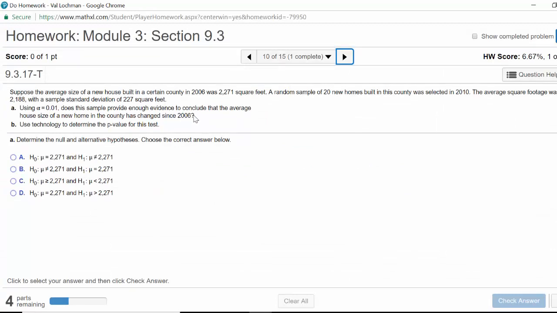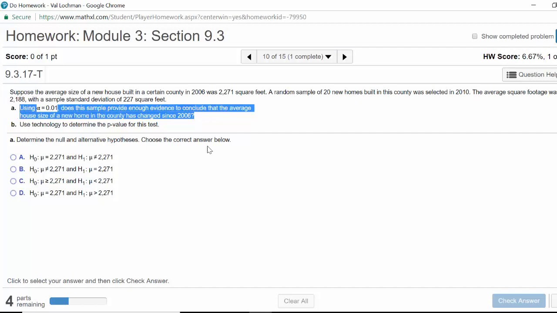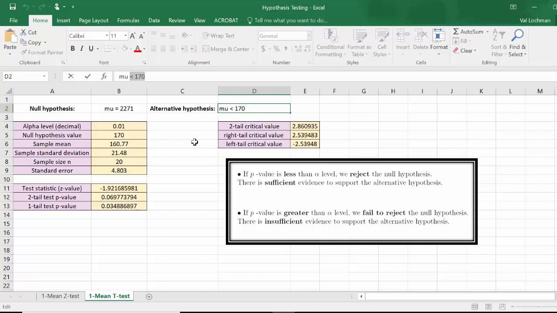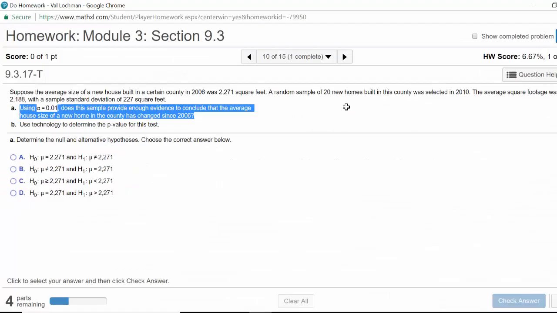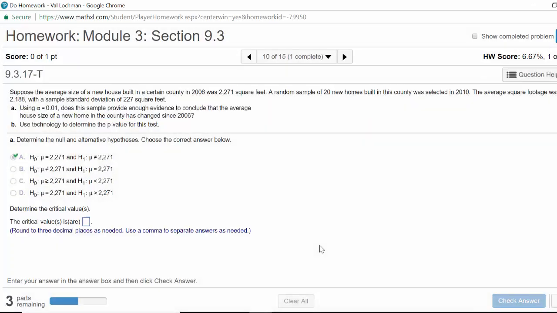Has this changed since 2006? Has this value changed? So that's not equal to 2271. Let's see which option would be the correct option for part A. That looks like this one. Let's check, that's correct.